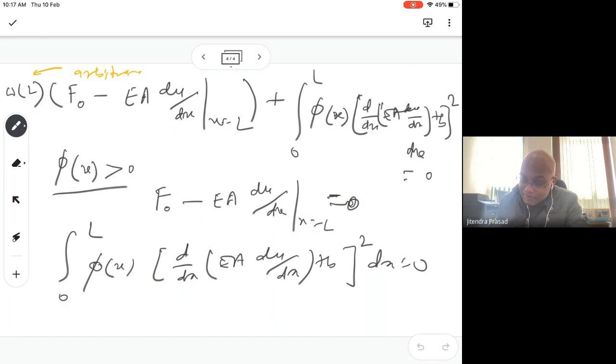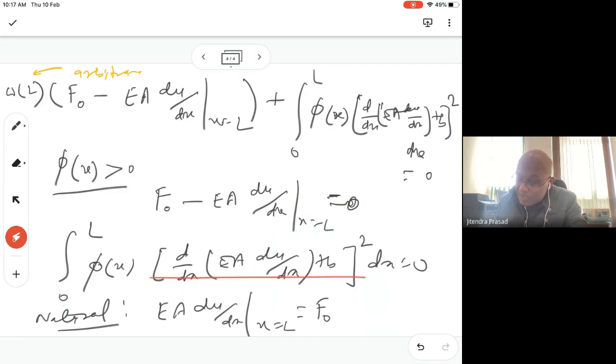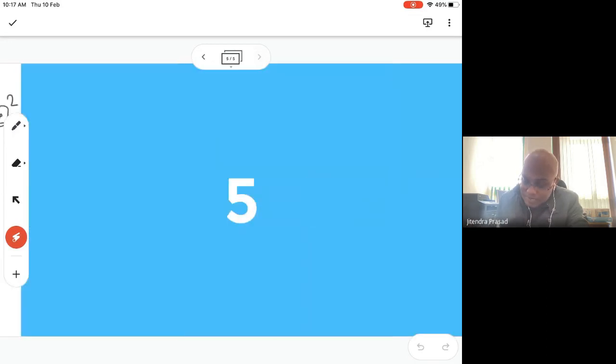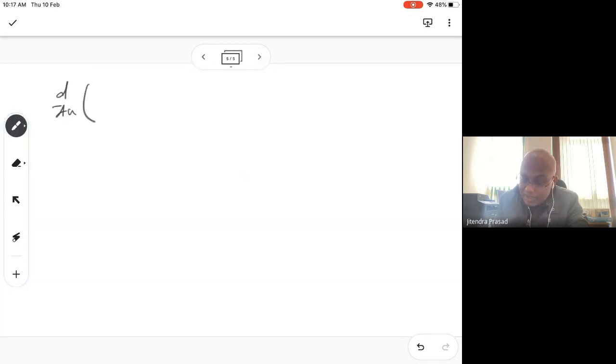This really means that from the first one you get the boundary condition EA du over dx at x equal to L equals F naught. So this is the natural boundary condition you get from there, and this automatically gets that also d over dx EA du over dx plus bx equal to 0.